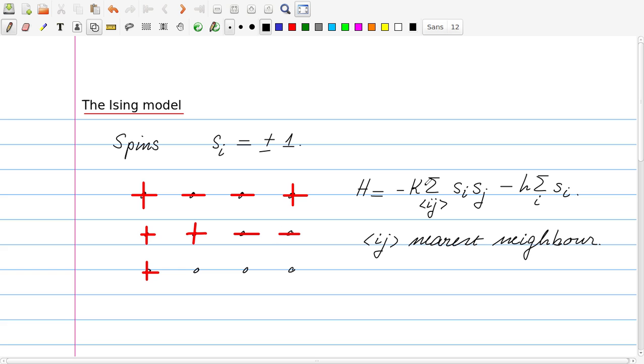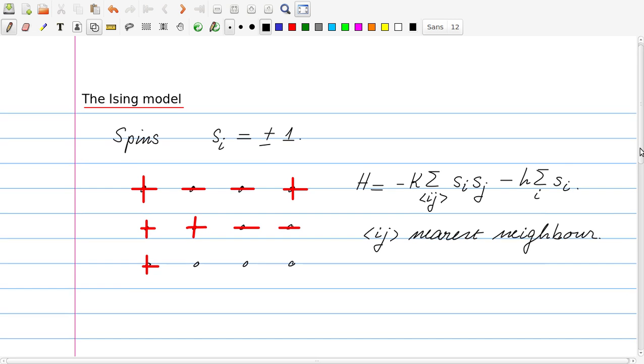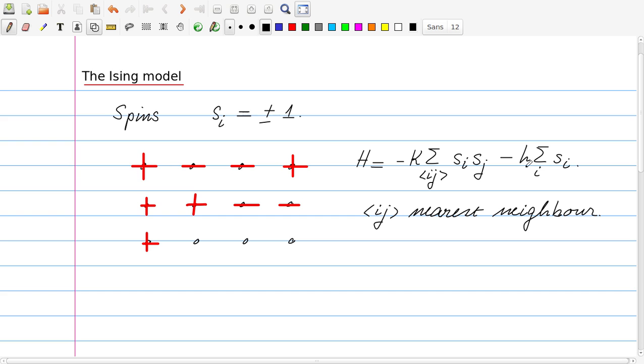And this first term tells you that you get an energy bonus. You get a negative energy when the 2 spins have the same value, and it doesn't matter whether they are 2 minuses or 2 pluses. In each case you get a negative contribution to the total energy. And then the second term describes the effect of a magnetic field, that's the h, and the magnetic field will favor the spins to be up or to be minus.